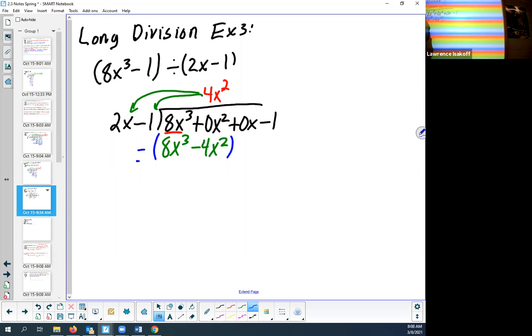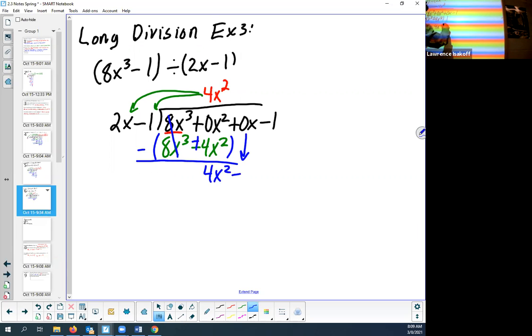Parentheses and subtract. So those cancel. 0 minus a -4 is really 0 plus 4. That's going to give me 4x squared. Bring down the plus 0x.